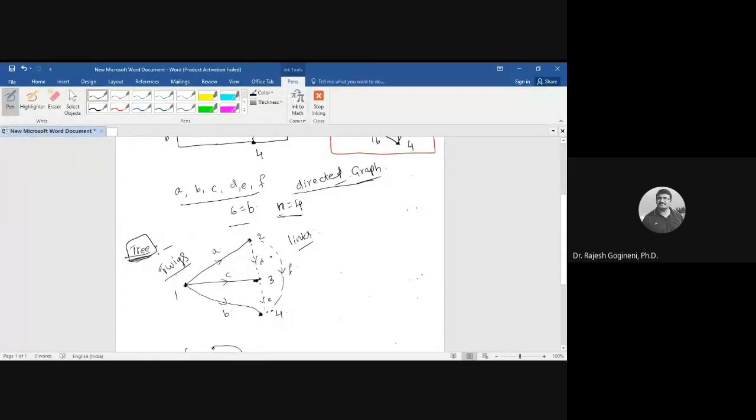The removed branches in a tree, by adding which a closed loop is formed, are links. If you add one branch to a tree and it forms a closed loop, that kind of branch is called a link.